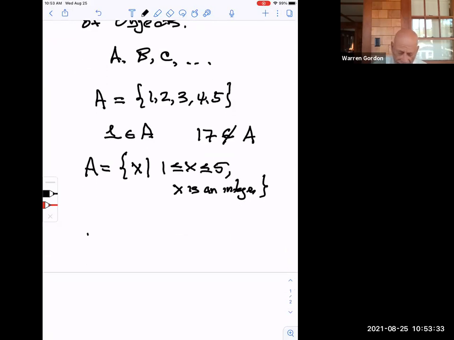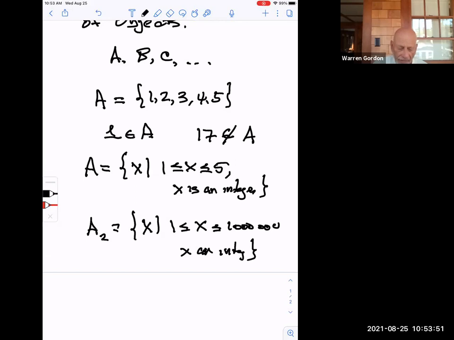For example, instead of writing out the numbers 1 to 1,000,000, I could just do this. It's a lot easier than writing everything out carefully. So we have different ways of representing a set.